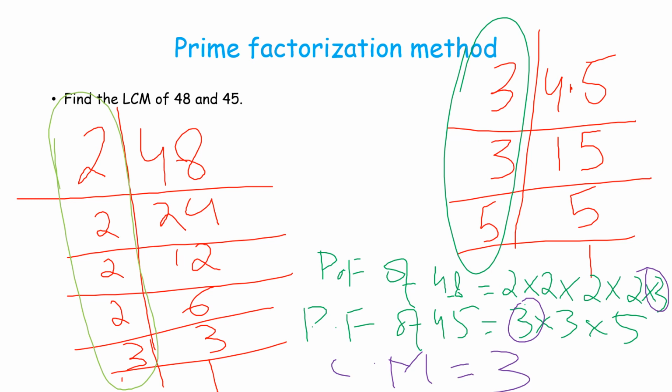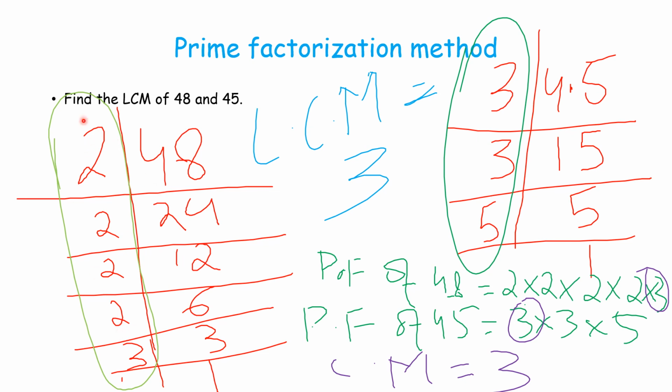So the LCM is also 3 because there is only one common factor. So this is how we find the LCM by using the prime factorization method. First we find the prime factors by this method. We have also done this when we were doing the HCF; it's the same method.